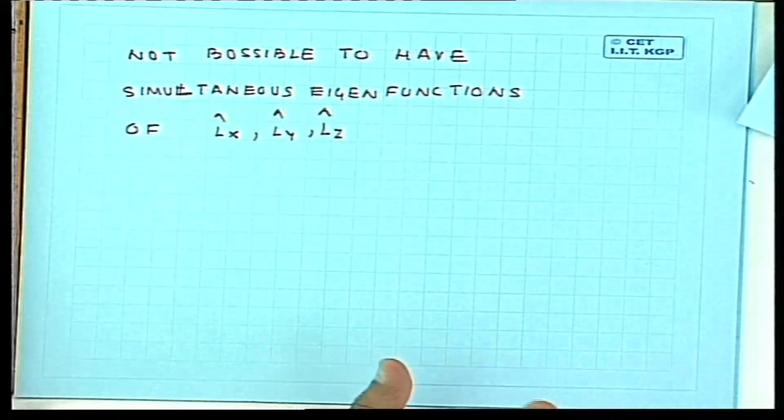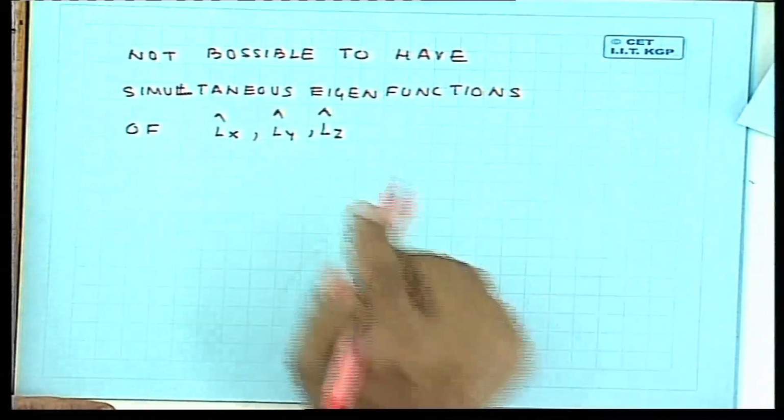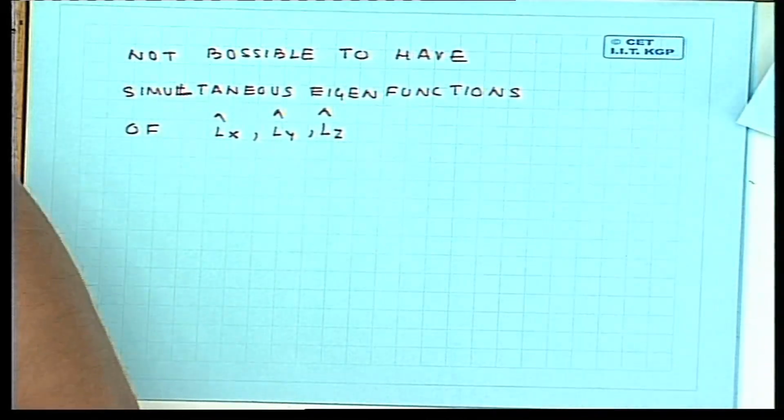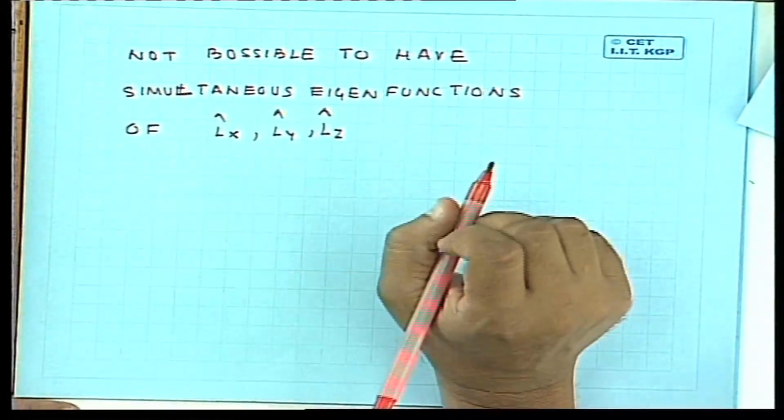A set of eigenfunctions can be eigenfunctions of either Lx or Ly or Lz. So we have to choose one of them and work with it.